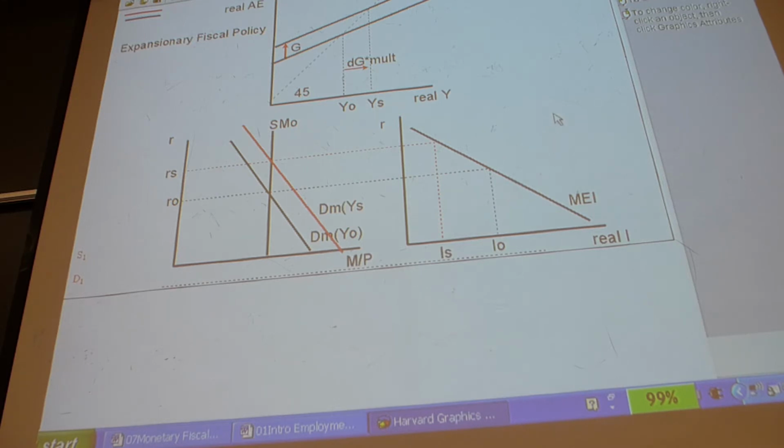What happens next? AE shifts down, right? So it turns out, you might say, well, is investment going to be greater than or less than G? Well, it's going to be less than, because otherwise the thing wouldn't work. But how much less, we don't really know. In fact, it could be almost the whole amount.